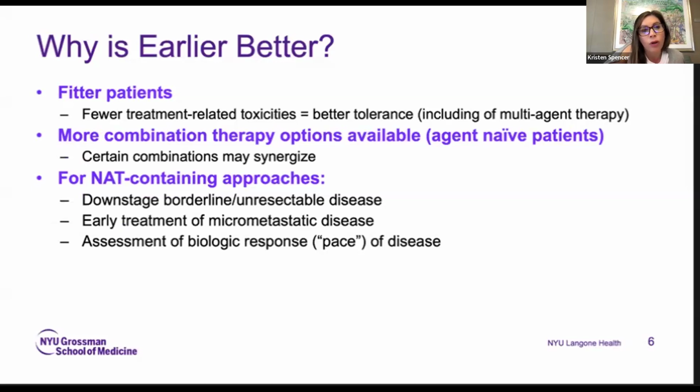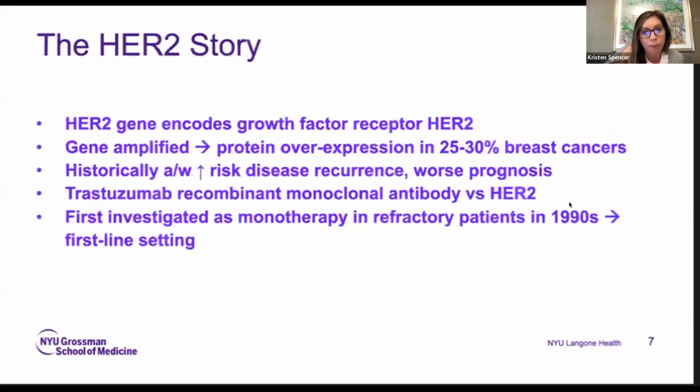And specifically for neoadjuvant-containing approaches, we have the ability to potentially downstage borderline or unresectable disease. There's obviously the attraction of early treatment of metastatic disease, and you can always make the argument of assessing biologic response or pace of disease. And by that, I really mean identifying non-responders who might avoid a morbid surgery. And there are many examples of this being done successfully in other cancers.